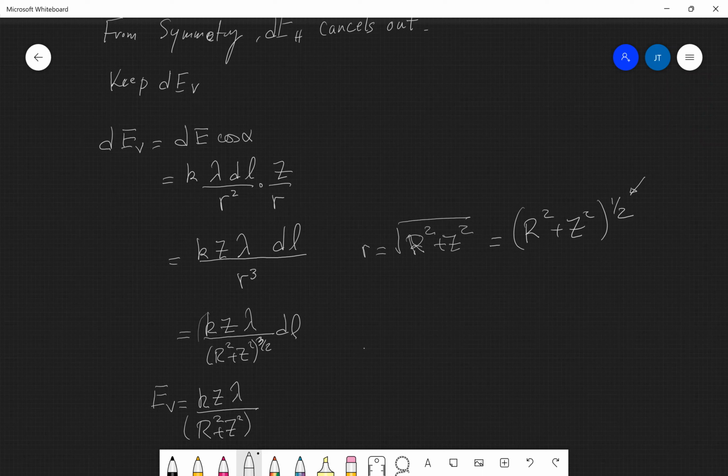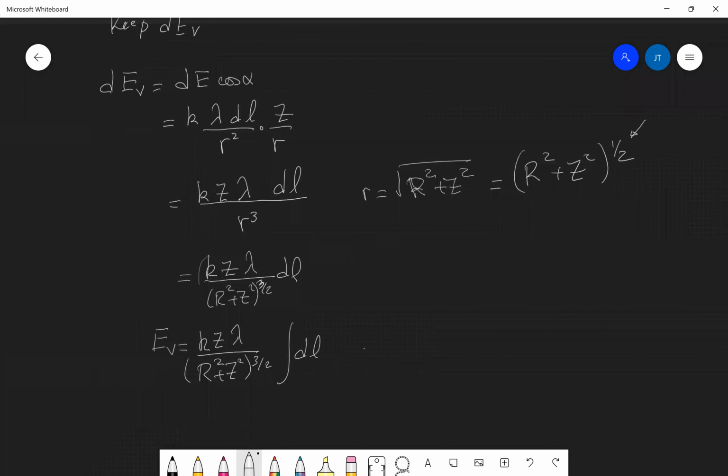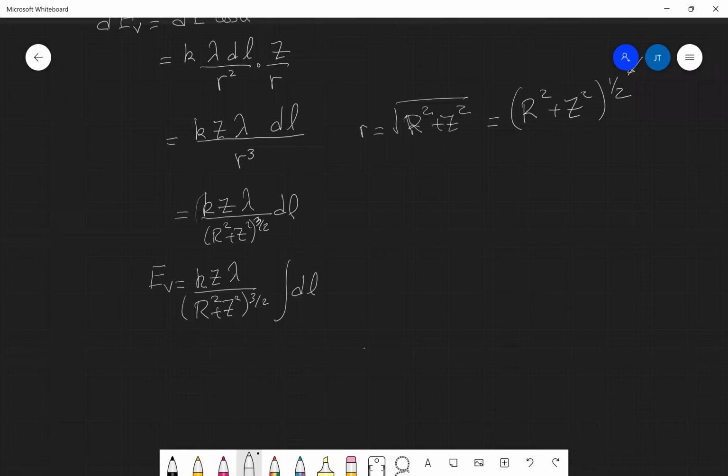The only thing that changes is that I go around the circumference, adding up all the little elements, dL. When I go around the circumference adding up all the little elements, what's the length that I accumulate by doing that? I accumulate the circumference, right?